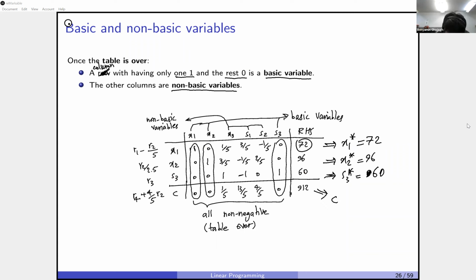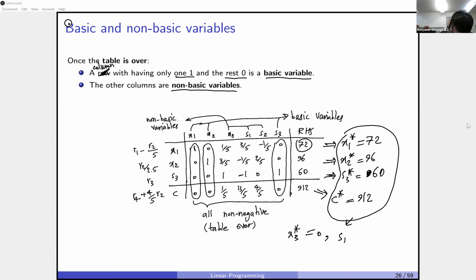And this is C star, 912. These are the optimum things. What are the rest? The X3 star, which is a non-basic variable, is 0. S1 star, the first slack variable, its optimum is 0. S2 star is also 0 at the optimum.